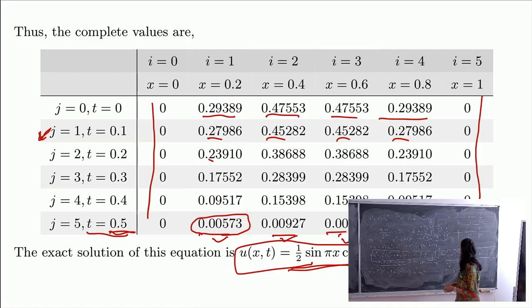In this problem we have found the solution, and particularly we have found the explicit scheme to solve this wave equation. Also we have done one numerical example of how we can solve the problem with the help of this explicit scheme. So in the next afternoon session we are going to do more about the hyperbolic equations.